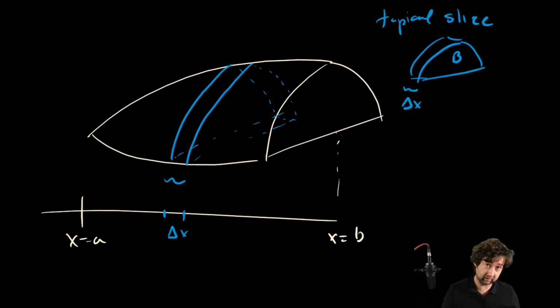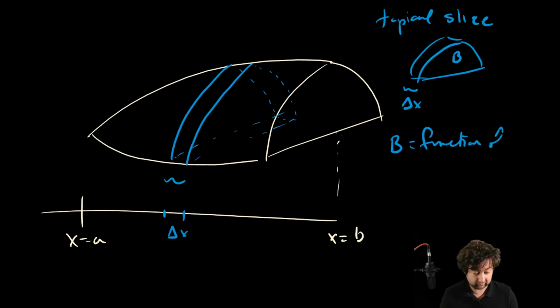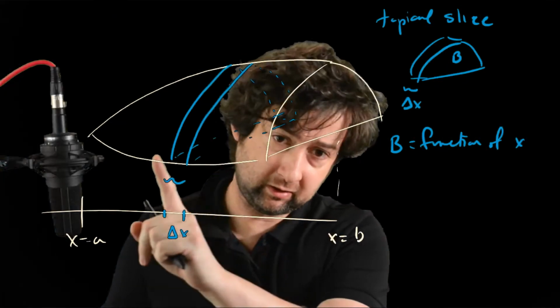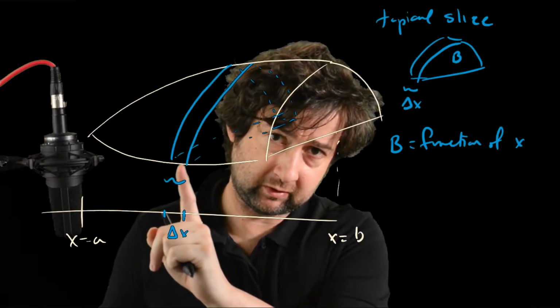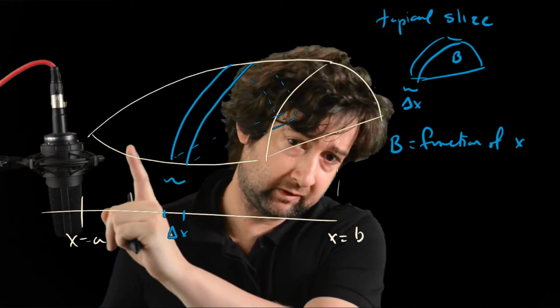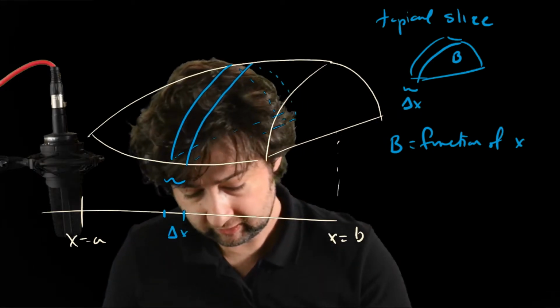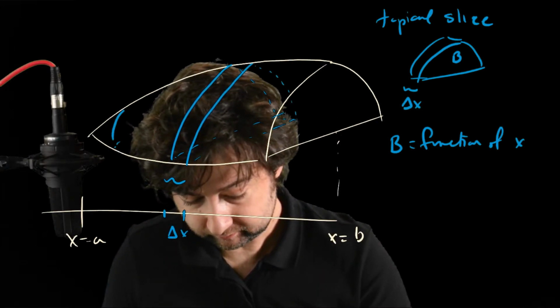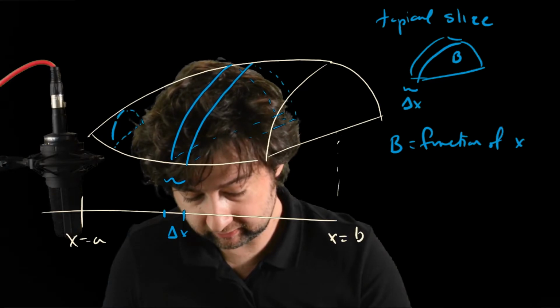And the base area of that cylinder, well, that's going to change depending on where the slice is, but it's going to be a function of where the slice is located. So the base area, B, is actually a function of x. That is, where the slice is located is going to change the volume. So you can imagine here that the volume of this particular slice is going to be big and fat compared to something down here at the end where you're going to get these little tiny slices by comparison.